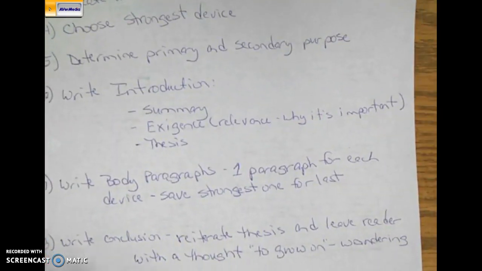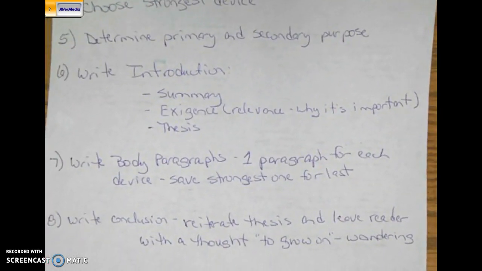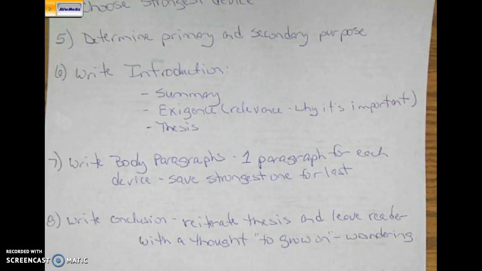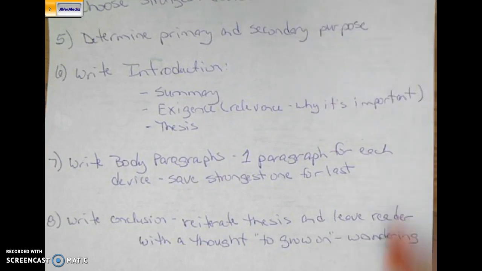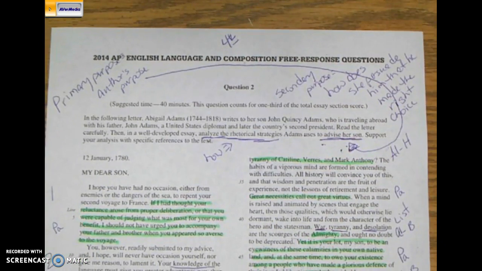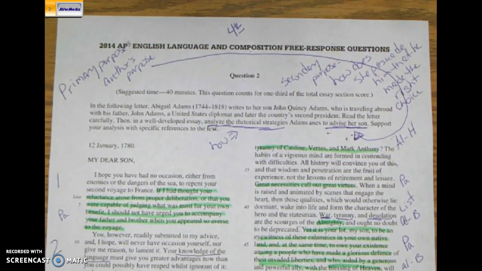And finally, write the conclusion, where you reiterate or repeat the thesis in new words and leave the reader with a thought to grow on, wondering, I didn't realize that. Something along those lines. So I wrote this on the back of our letter that we read and annotated on Tuesday.